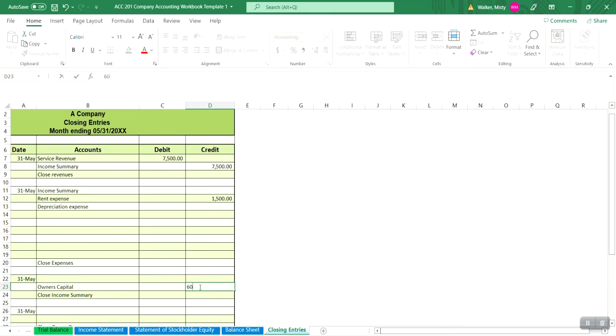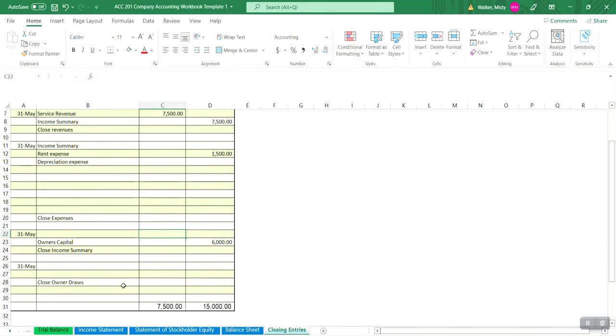Again, this is going to be incomplete, right? Because I didn't add in all my expenses, but I'm going to take that difference between my revenue credit to income summary and my expense debit to income summary. I'm going to take that difference, credit it to owner's capital to show the increase in the value of the business as a result of profitable operations, and then debit income summary to close that income summary account.